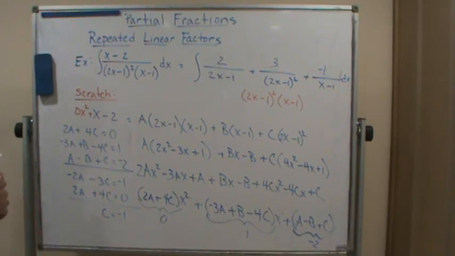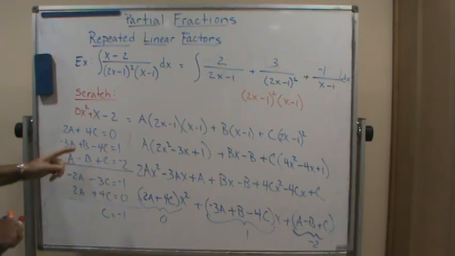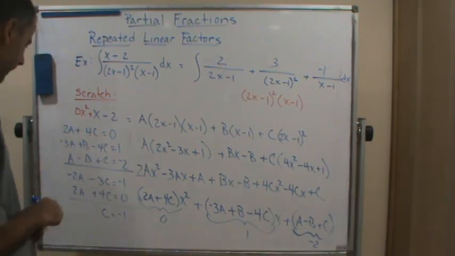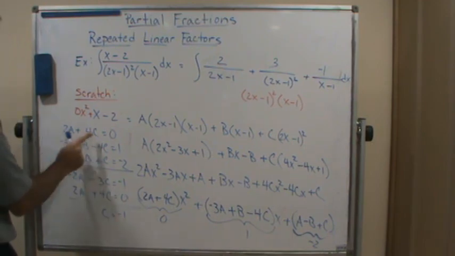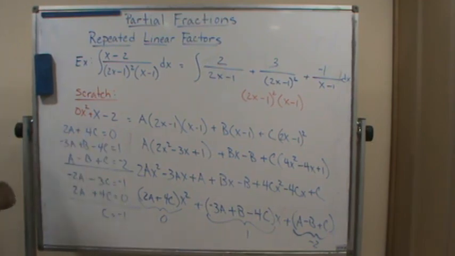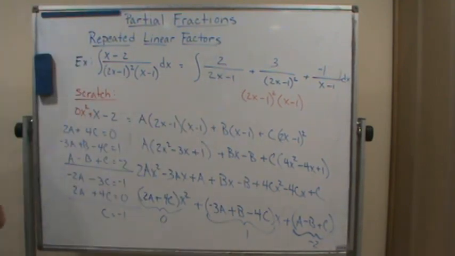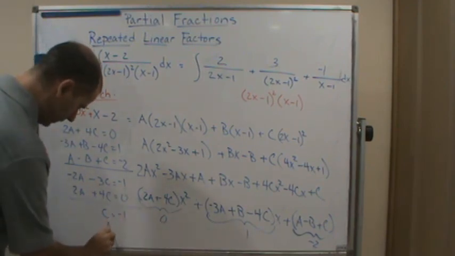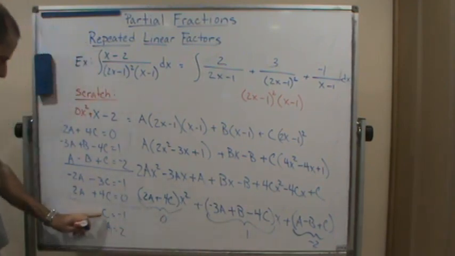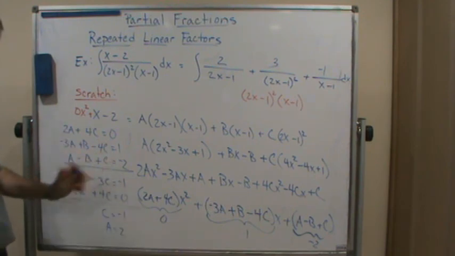Okay. Then what we can do is use c equals negative 1. We can go back and plug into this one and solve for a. So by plugging negative 1 back in here, we get minus 4. So we get 2a equals 4, which means a equals 2, which is what we got here. And then we can use both of those values. We got a equals 2. So now we can plug these two into this one or this one to solve.